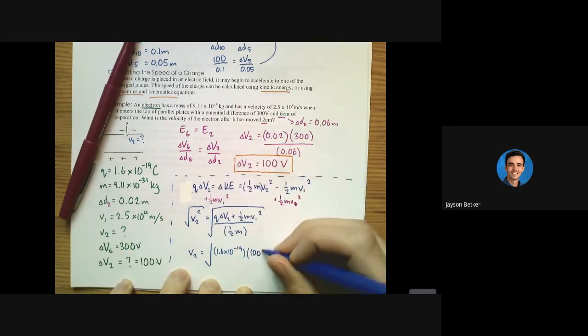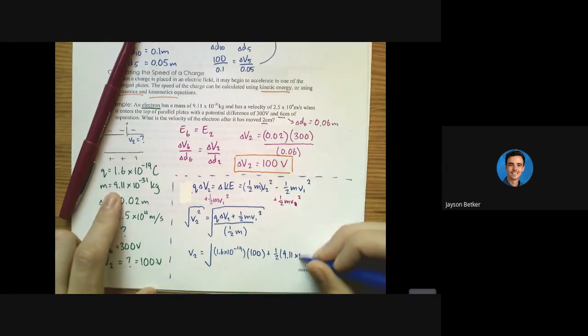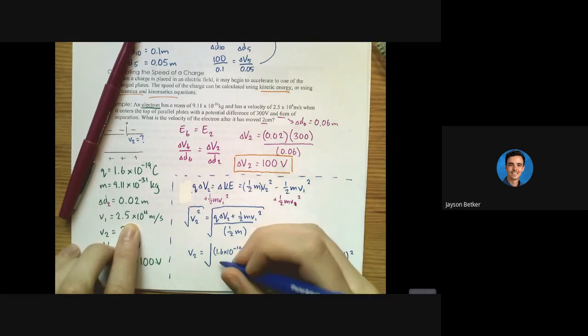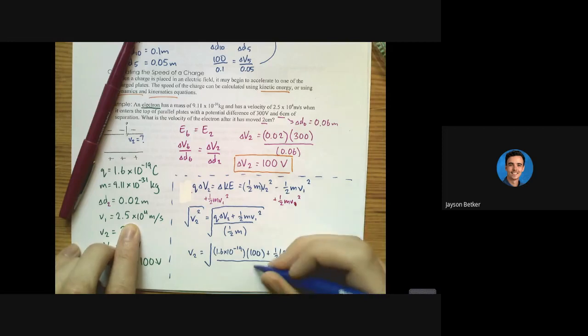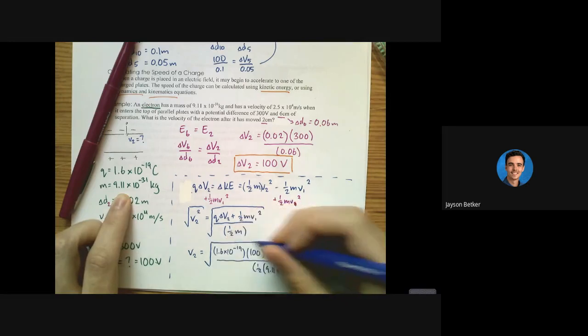So 100, at the 2 centimeter mark, plus 1/2 the mass, which is 9.11 times 10 to the negative 31, times V1, which was 2.5 times 10 to the 4, squared, over 1/2 times, just keep using brackets, 9.11 times 10 to the negative 31. And all of that under the square root.